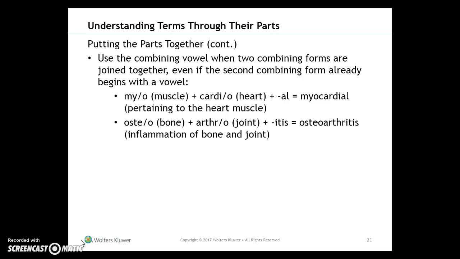And osteoarthritis, so osteo, you have the combining vowel O, you kept that, osteo. Arthro, but we have the itis, so you drop the O because there's two vowels, itis, so inflammation of the bone and joint, osteoarthritis.